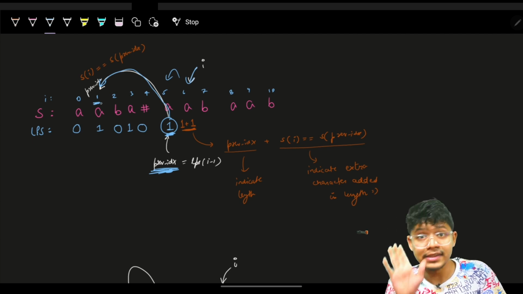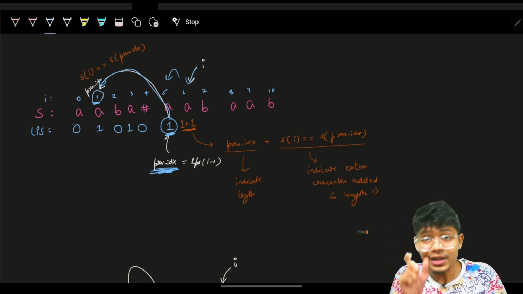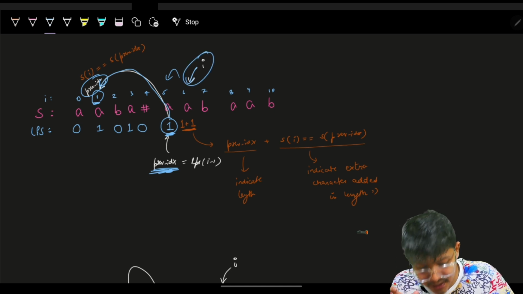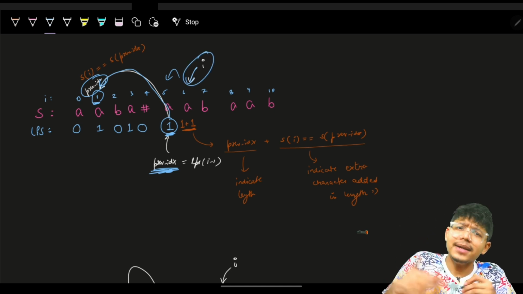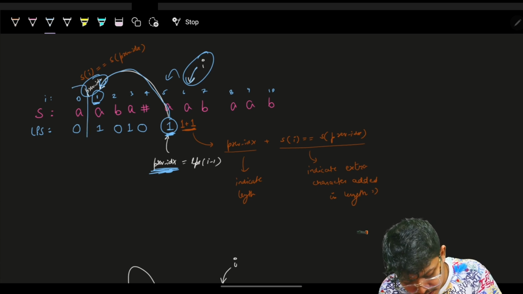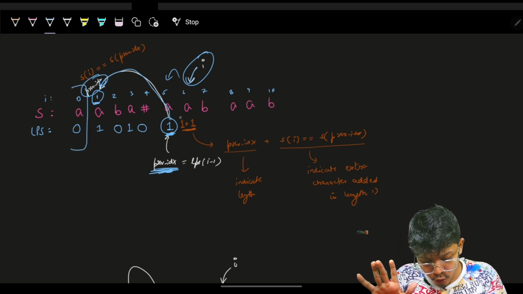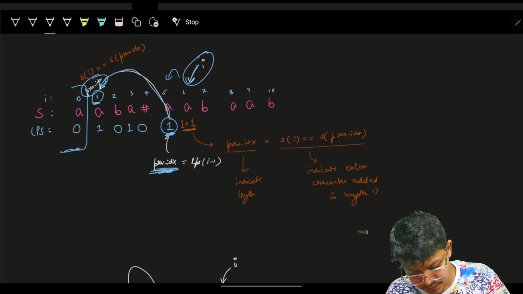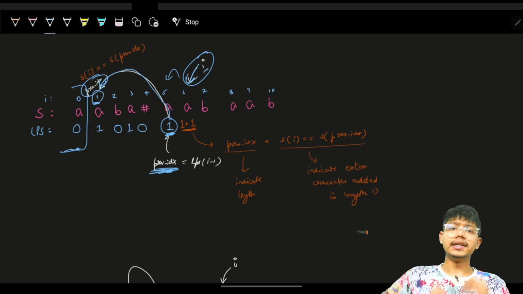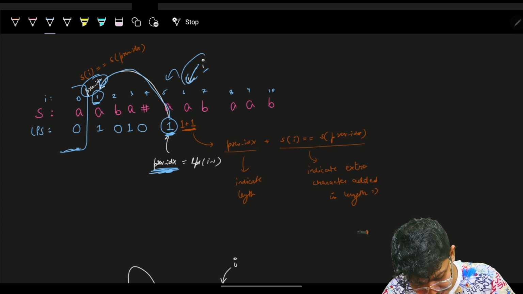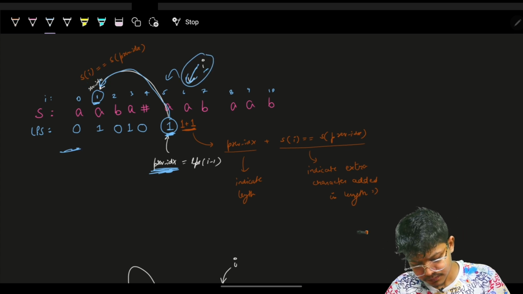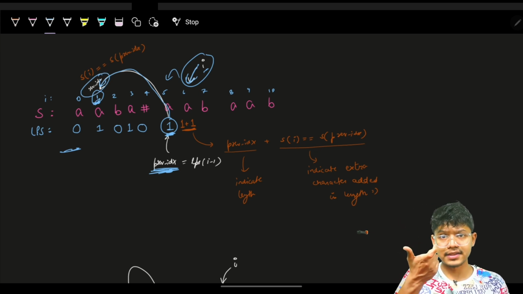This index will say ultimately that, okay, I need to now check for this previous index with this current index. I'll check, and ultimately it's also saying in parallel that, okay, my previous bro was matching a length of 1 with you. So if I am matching with you, I'll increase my length. So he will say, okay, S of I is actually matching with S of my previous index. Previous index is 1. This index, it's matching.